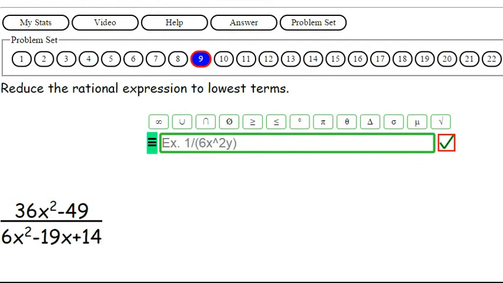So we got 36x squared minus 49. Got to smell the difference of squares there. 6x squared minus 19x plus 14. Okay. We have 36x squared minus 49.